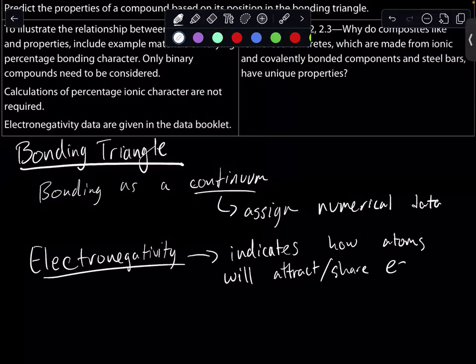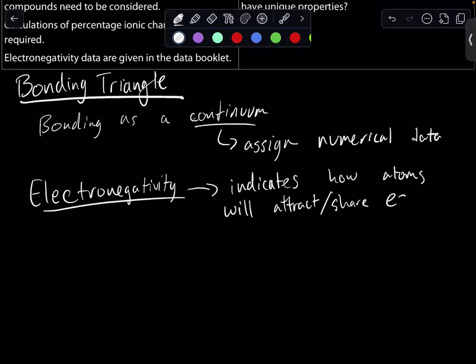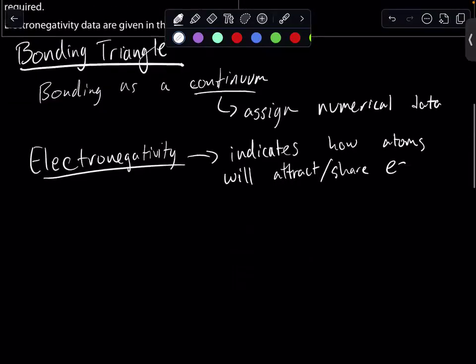And that way we can look at the difference in bonding as a difference in the way that atoms will want to pull on the electrons in the bonds. And we remember from all of our bonding, we are still just talking about moving or sharing or transferring or delocalizing electrons. So electronegativity works out great for this.